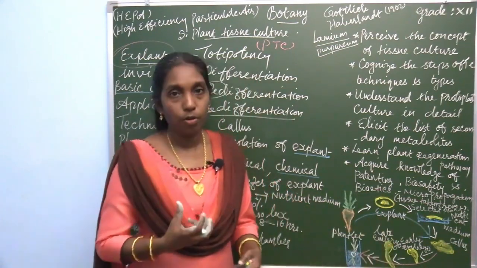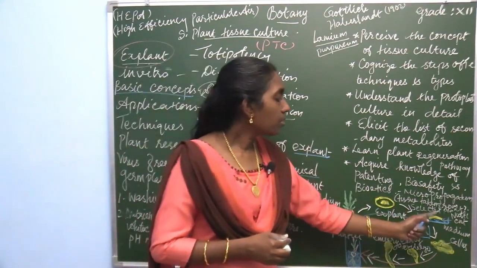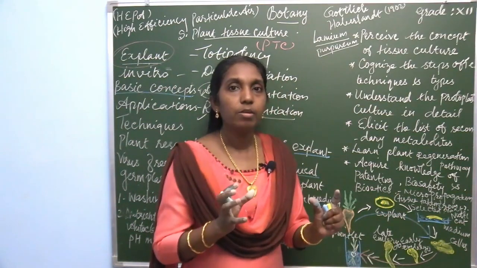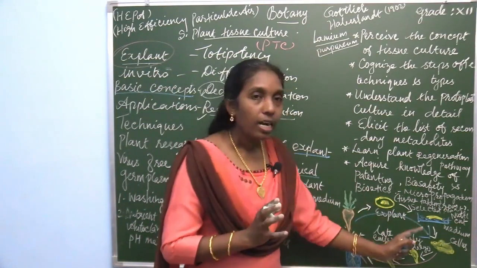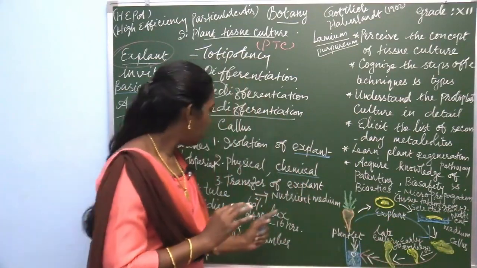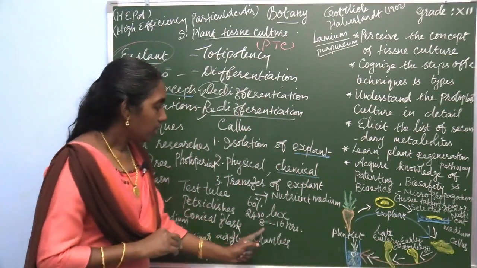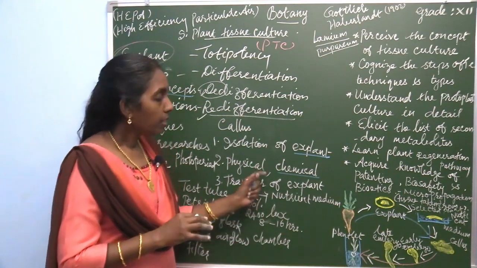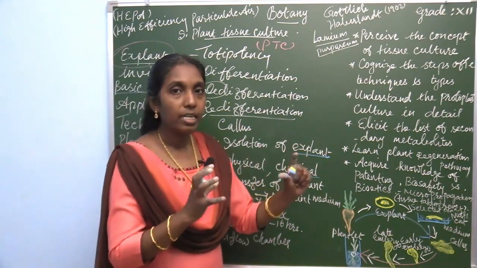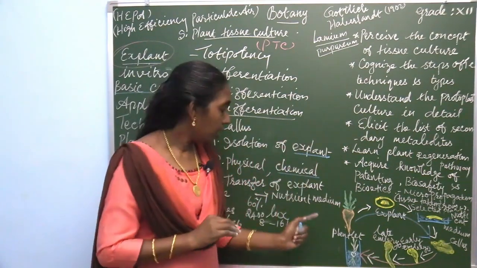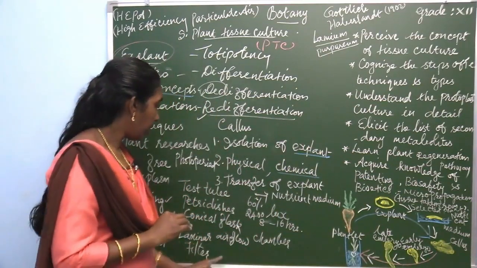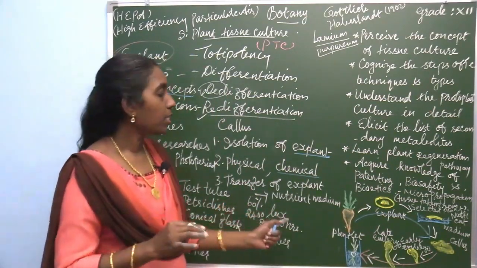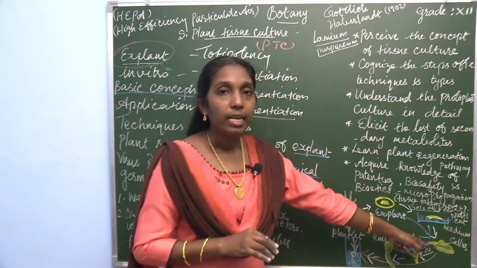Then callus formation. If this nutrient medium is sterilized, and the intensity of light and the photo period and everything are given properly, maintaining the pH under aseptic conditions in the laminar airflow chamber filtering all the microbes, it can develop into the callus.